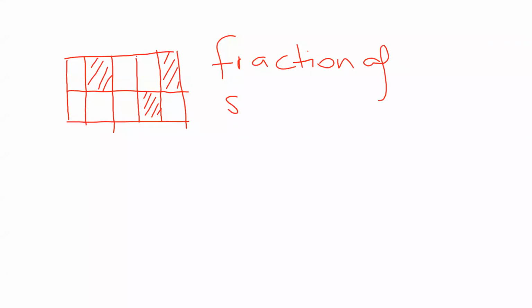I will shade this one and this one and also this one. And I want you to concentrate on what the question is asking for. The last question I was asking about the fraction of shaded parts.